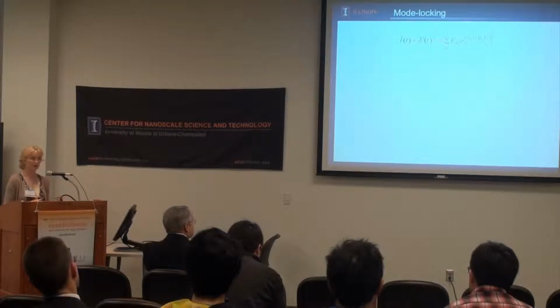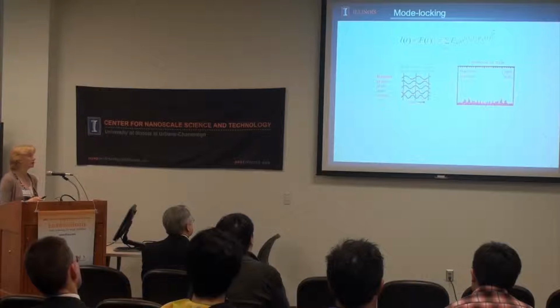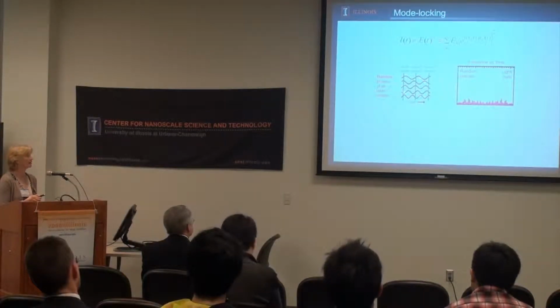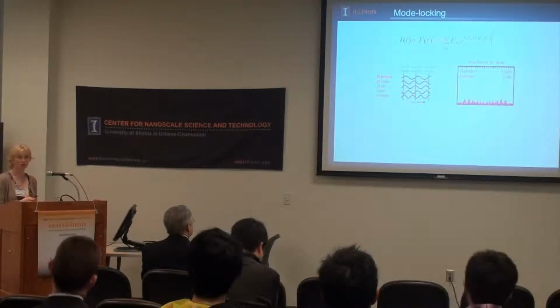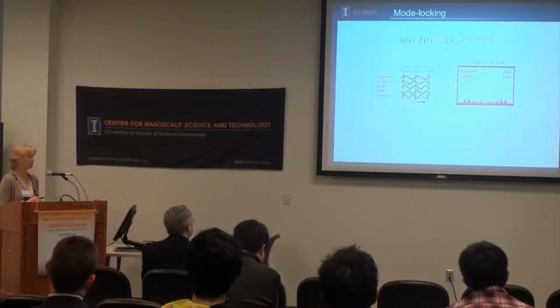And that phase normally is random between modes. If we look at it, you can see here, these are some modes, and this is time along the bottom axis, and you can see that there's a random relationship which changes with time between the different modes.